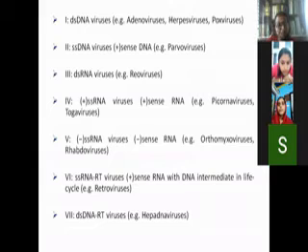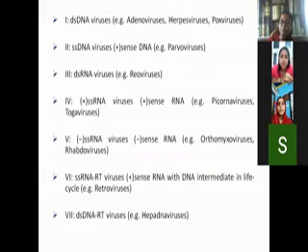There are 7 groups. Group 1 includes double-stranded DNA virus. Group 2 includes positive sense single-stranded DNA virus. Group 3 includes double-stranded RNA virus. Group 4 includes positive sense single-stranded RNA virus.